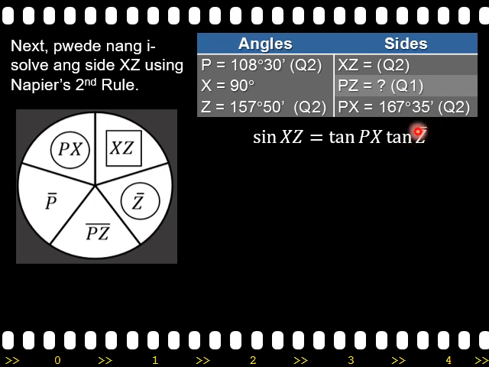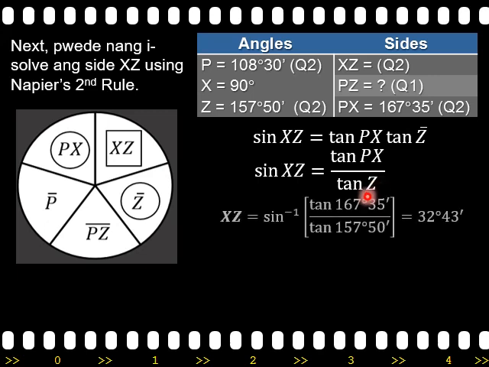So, para matanggal yan, ilalagay natin yung tangent Z bar sa baba. So, magiging ganito siya. Sine XZ equals tangent PX over tangent Z. So, substituting, we have XZ equals the inverse sine of tangent 167 degrees, 35 minutes over tangent 157 degrees, 50 minutes.